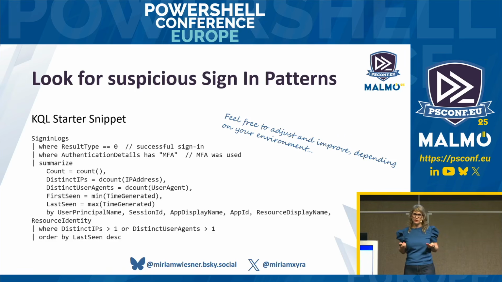It's nothing big, it's not rocket science, it's just something that you can run to detect users that successfully authenticated using MFA, but were using this login from different IP addresses or had different user agents. And if one or more IP address was used for this user, or one or more user agent, you will get a hit with this query.